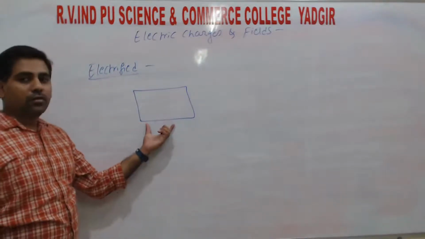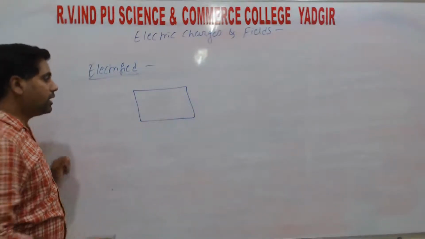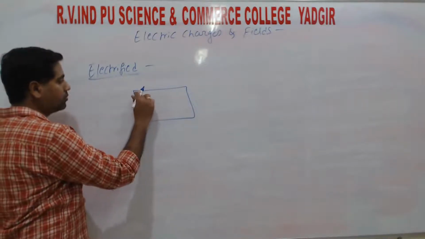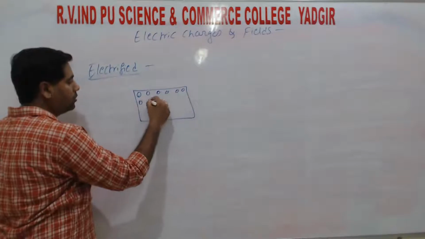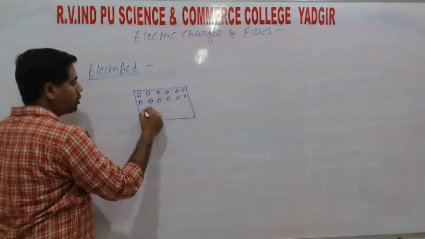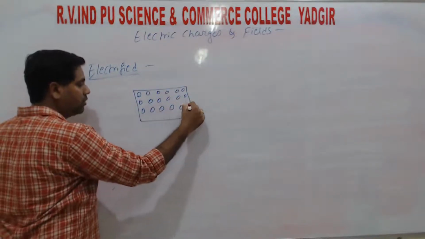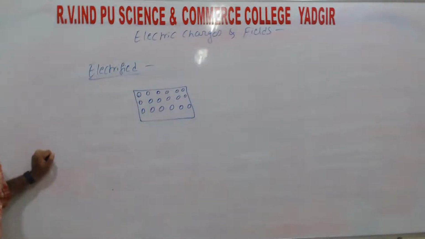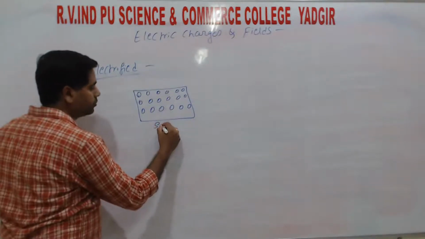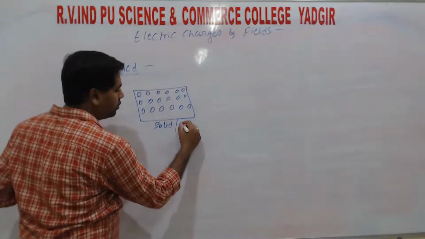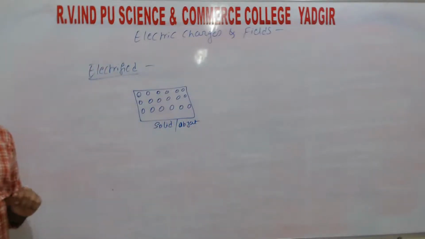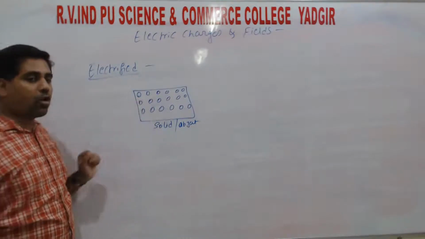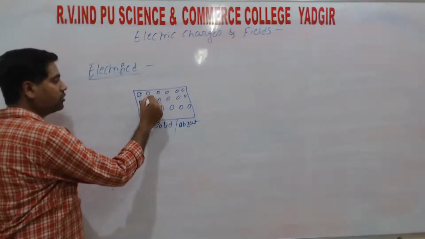So this is a solid. Solid consists of atoms, right? So a solid is made up of what? Atoms. And atoms consist of electrons.